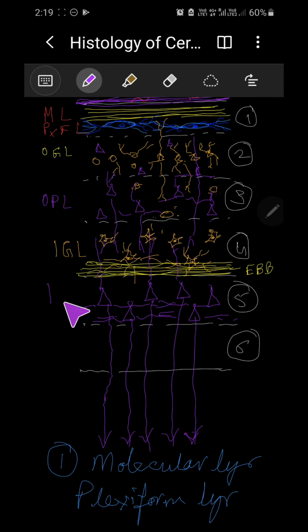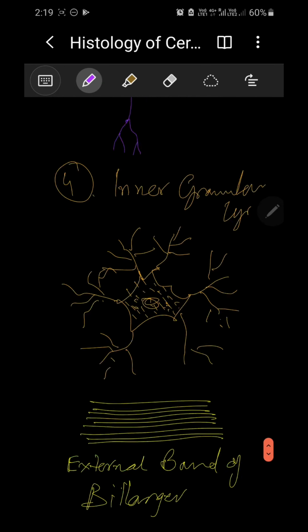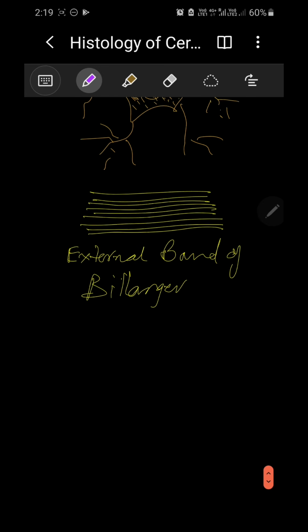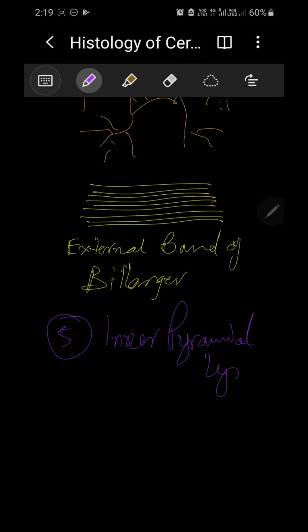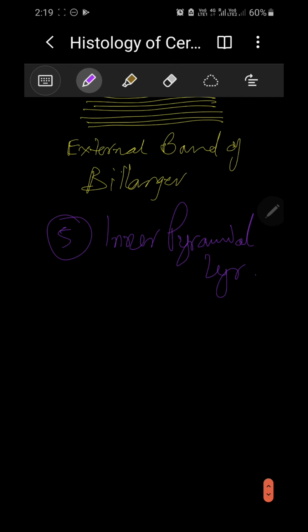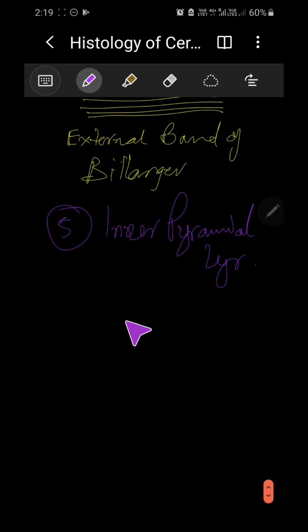And so this is the internal pyramidal layer, or inner pyramidal layer. So let's describe this in detail. This is the fifth layer now, and this is the inner pyramidal layer. Important is that these have the largest pyramidal cells.